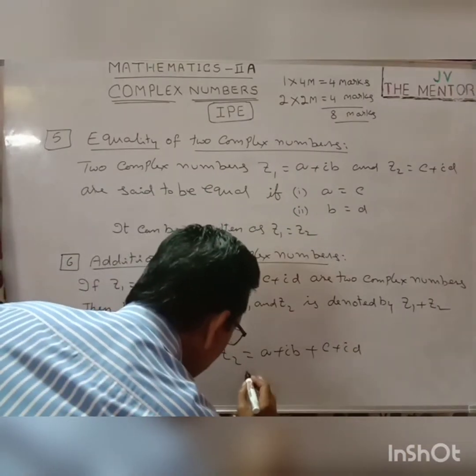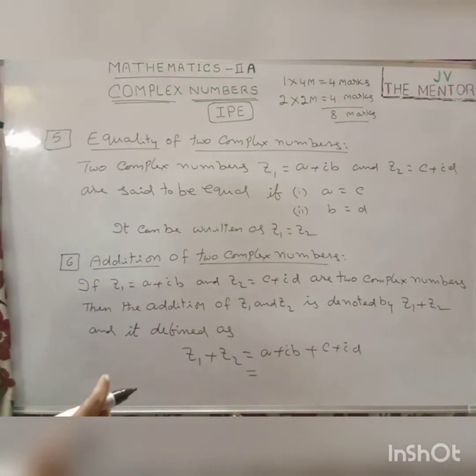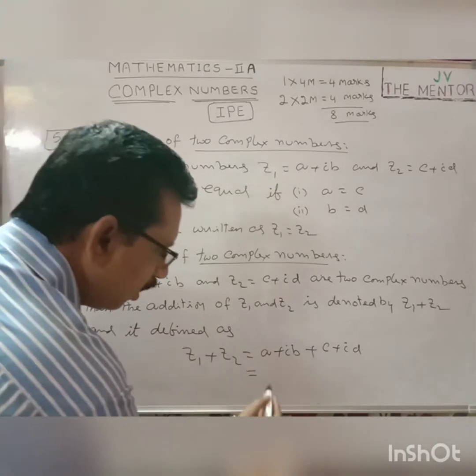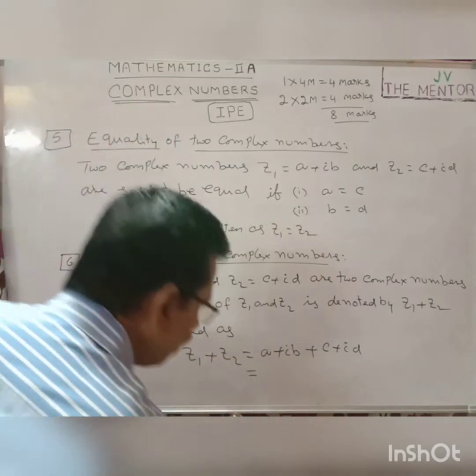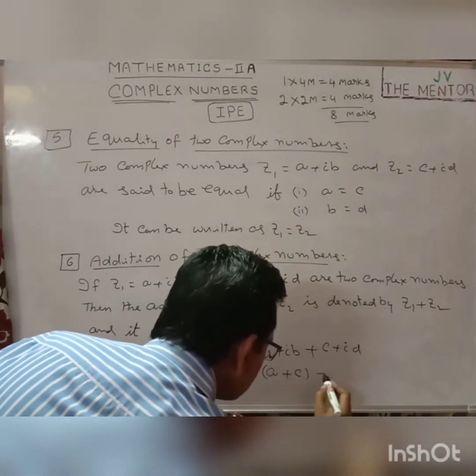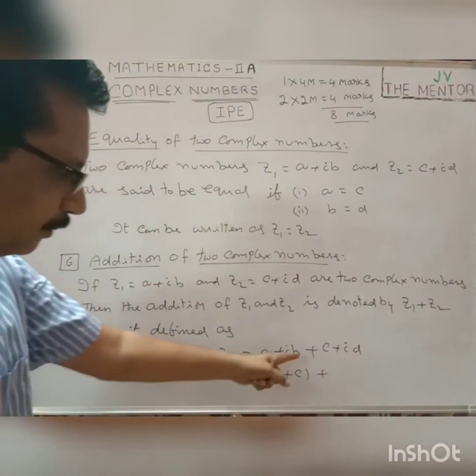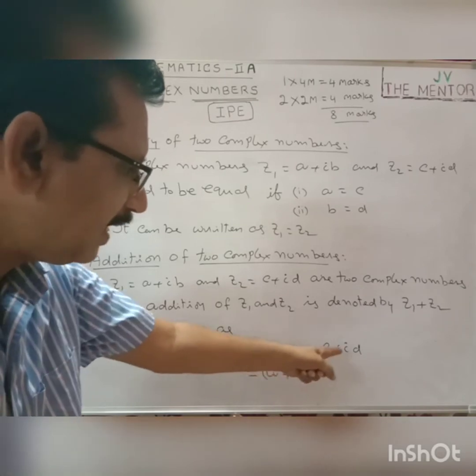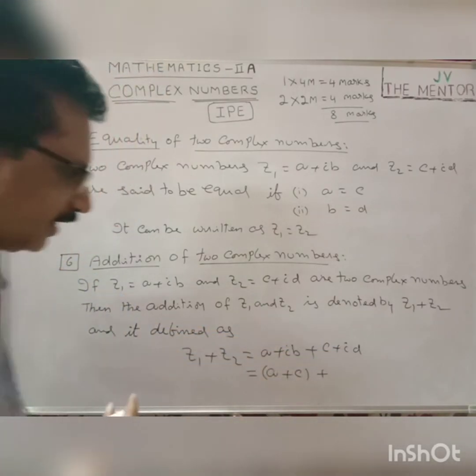Now adding real parts and imaginary parts separately. Now here what are the real parts? A and C are the real parts, A plus C. What are the imaginary parts? B and D. What is the common factor in IB and ID? I is the common factor.